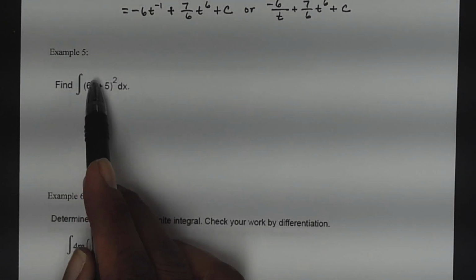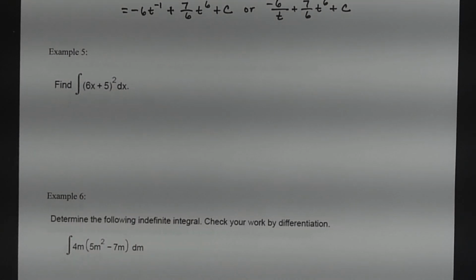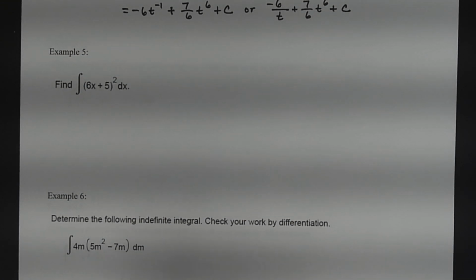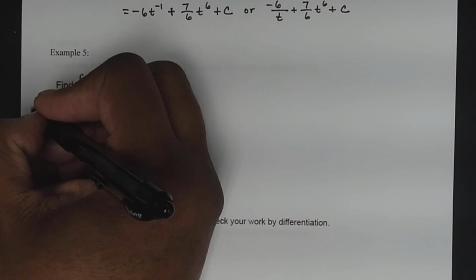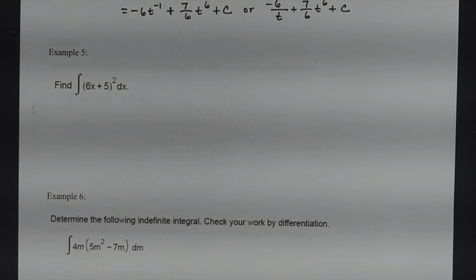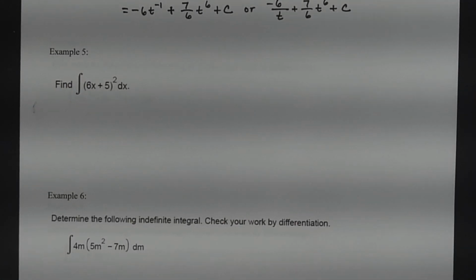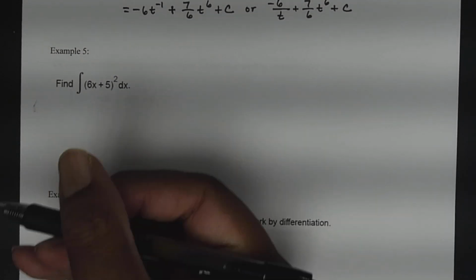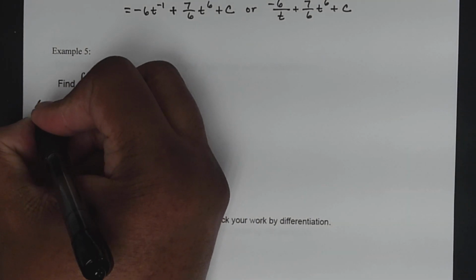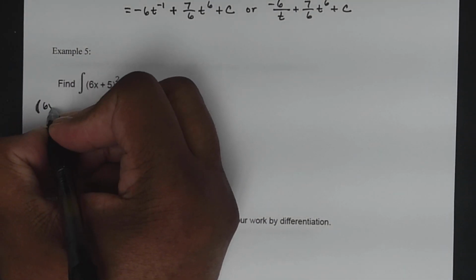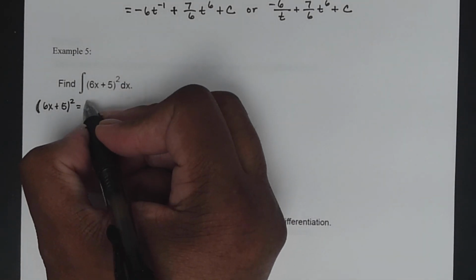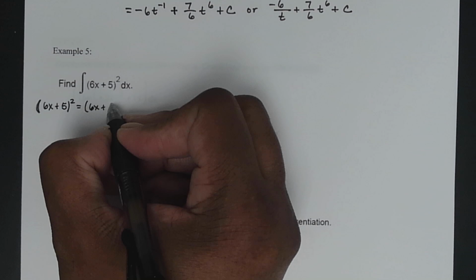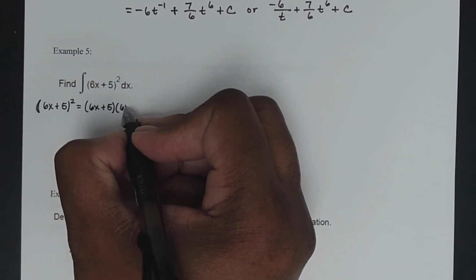I need to go ahead and multiply this out first, and then find out what that integral is going to be. So in this case here, if I multiply this out, 6x plus 5 quantity squared means 6x plus 5 times 6x plus 5.